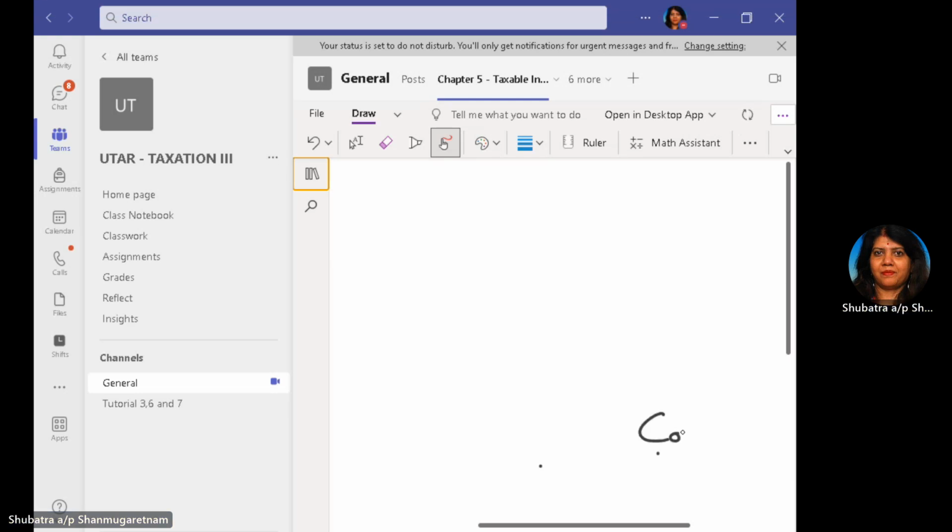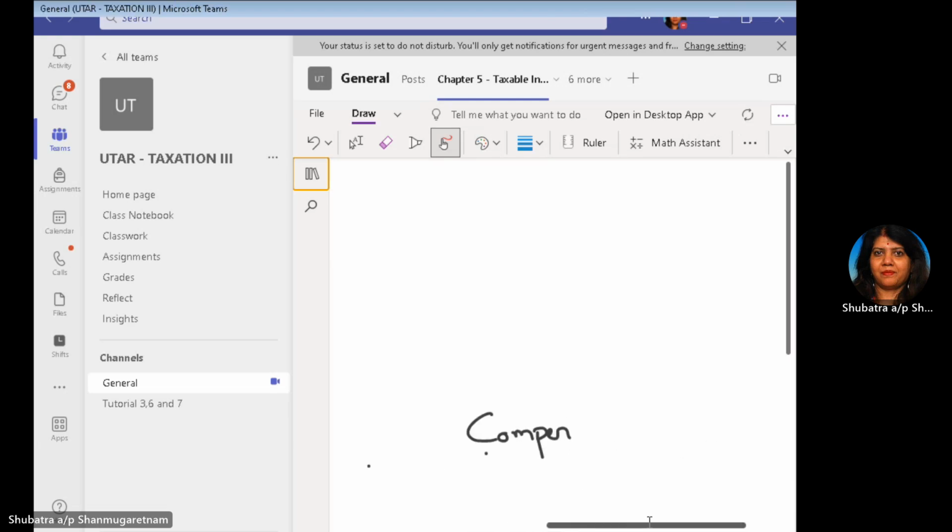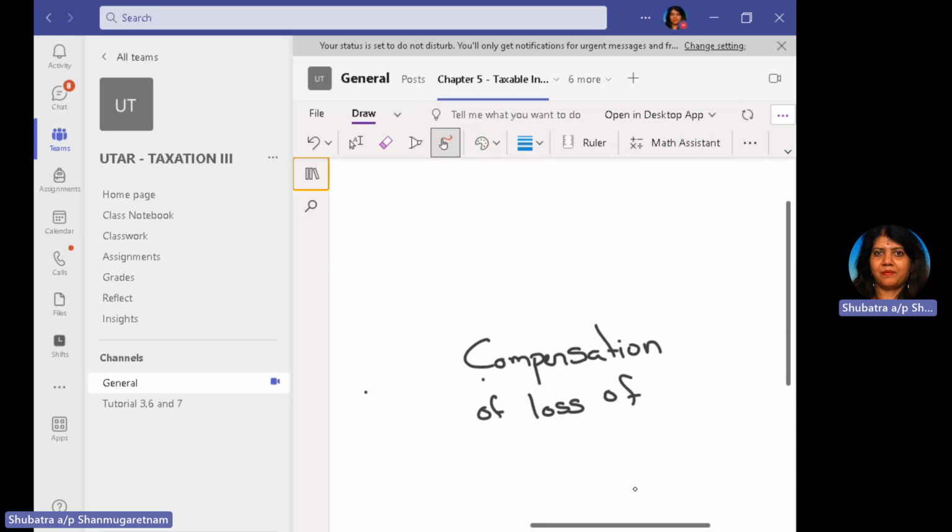Compensation. Compensation on loss of assets.